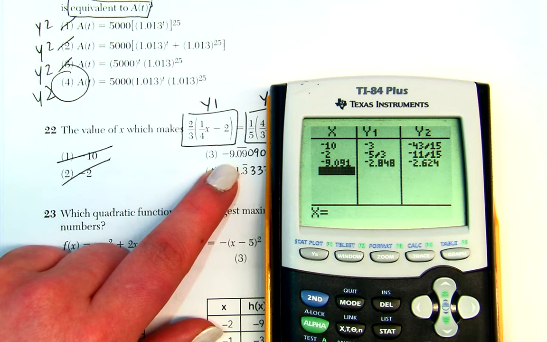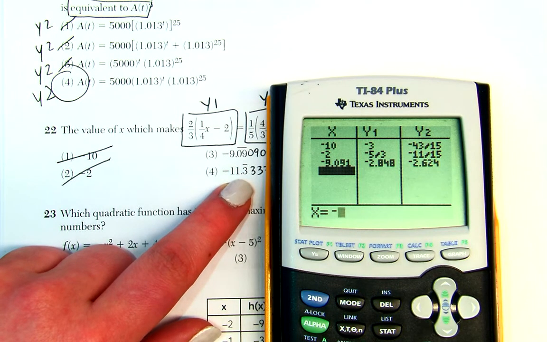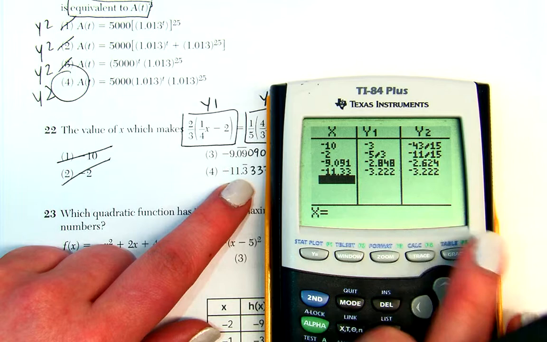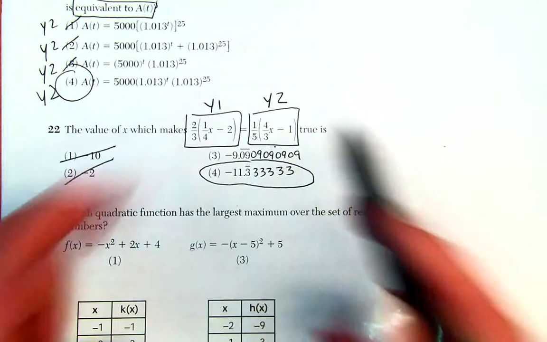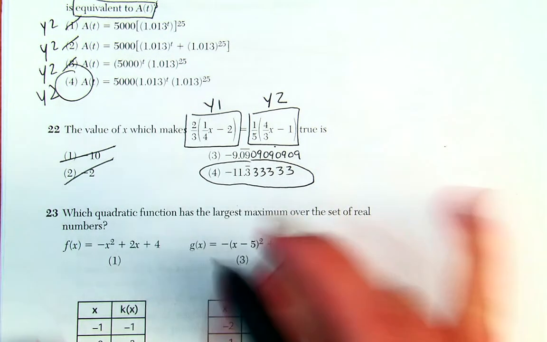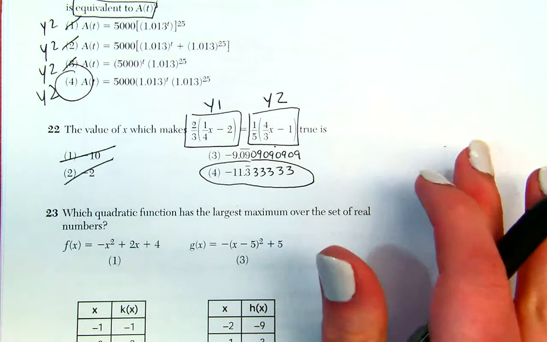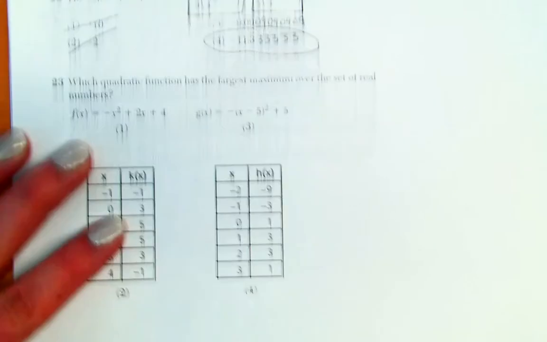I do a couple of them and realize I'm pretty close. And then I type in -11.33333333, and I wind up with something that is exactly the same. So this is the value that when I plug into the equation will make them both true. You can actually solve it and so on. For my purposes today, I'm just showing you the best way using the graphing calculator to answer the questions.